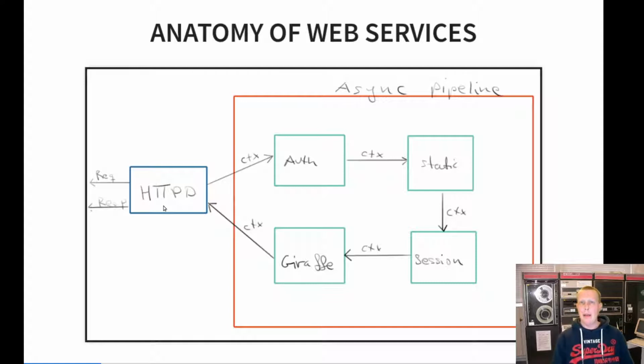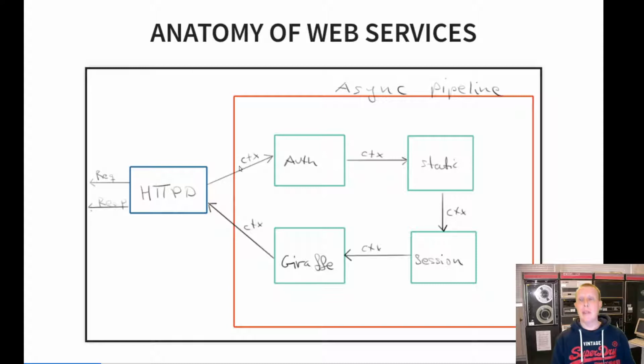Now, the whole thing after this is really just a function that we can mentally compose as a pipeline. So we take this context and we feed it into some processing unit. Here, for example, I have added an authentication step. It will take the context, it will maybe do IO, maybe check some databases, maybe contact Facebook or Google and do single sign-on, whatever it might be.